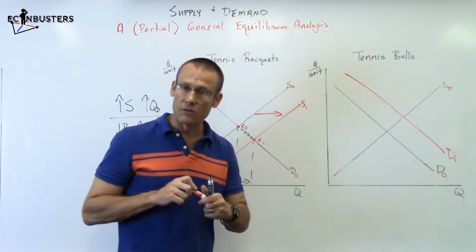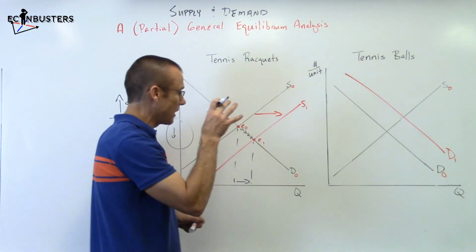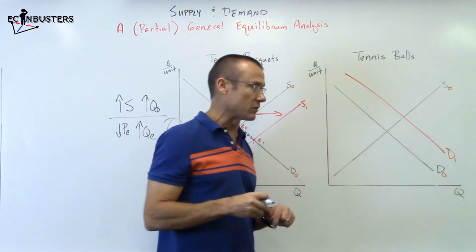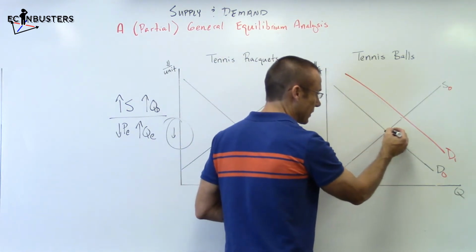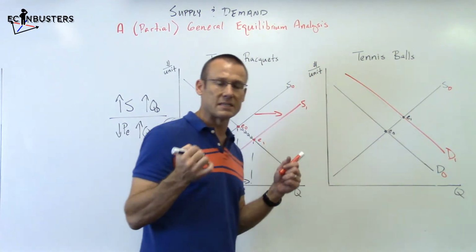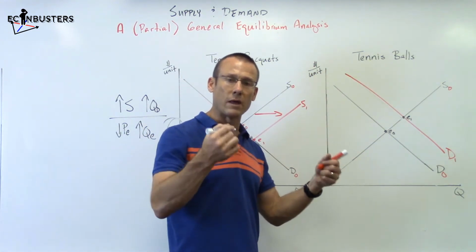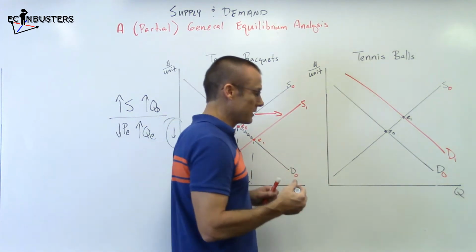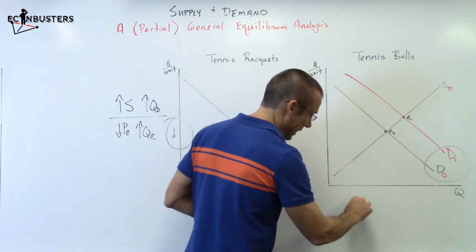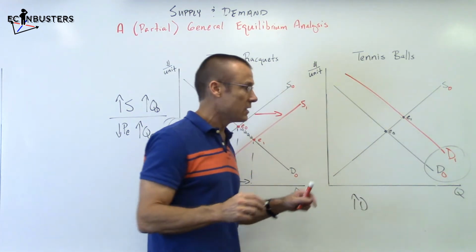That is a general equilibrium analysis. We saw how a change in this equilibrium actually causes a change in this equilibrium. But let's finish it off. E sub 0, E sub 1. We just need to say what happened to supply and demand, what happened to price and quantity. Pretty simple, right? Well, demand changed in this one, so I'm going to say we got an increase in demand.